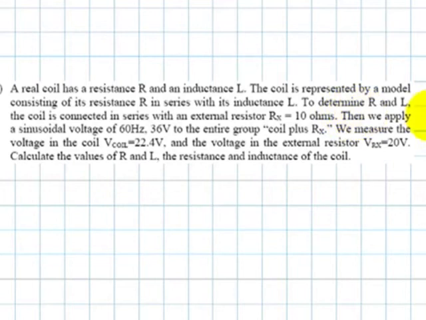Then we apply a sinusoidal voltage of 60 Hz, 36 volts, to the entire group coil plus Rx. We measure the voltage of the coil, 22.4 volts, and we also measure the voltage of the external resistor, 20 volts. Calculate the values of R and L, the resistance and the inductance of the coil.